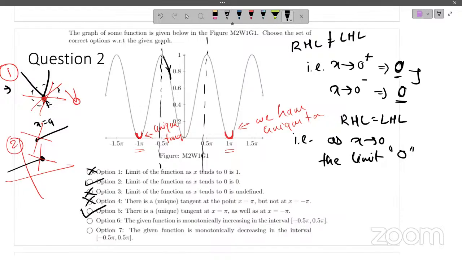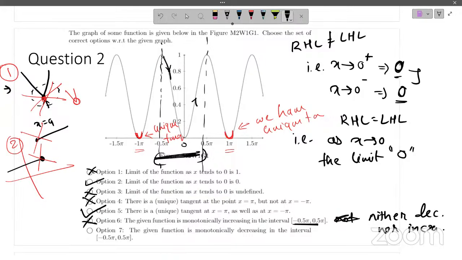And as we move far from 0, our function is increasing. So that means in the whole interval, our function is neither decreasing nor increasing. So that's why this option is also not true.